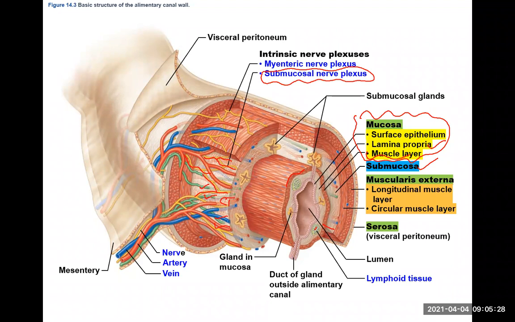As a result, it is sometimes called the second brain. One brain is this brain, and it's called the second brain because it's not dependent on your spinal cord or your brain, though it is dependent on the autonomic nervous system.